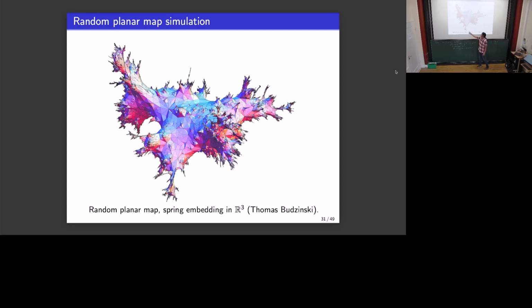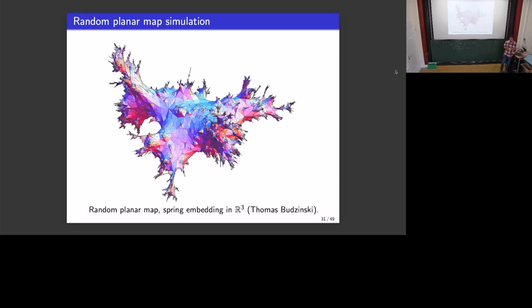That means for every vertex you put an electron, and a spring on every edge. The electrons push themselves apart, but the springs keep everything from flying off to infinity. It bounces around and settles into some kind of stable configuration like the one you see here. So this is an example of a spring-embedded random planar map in R^3.